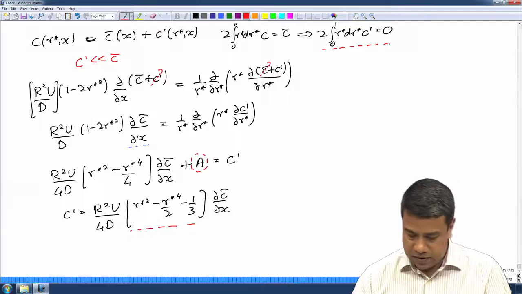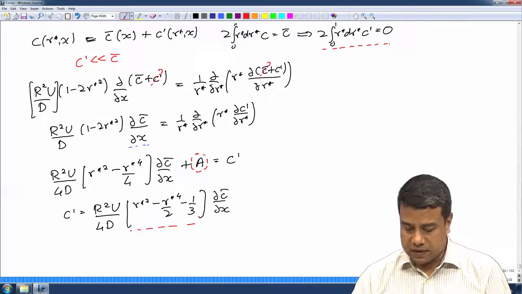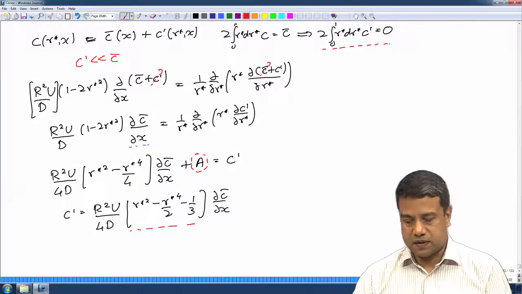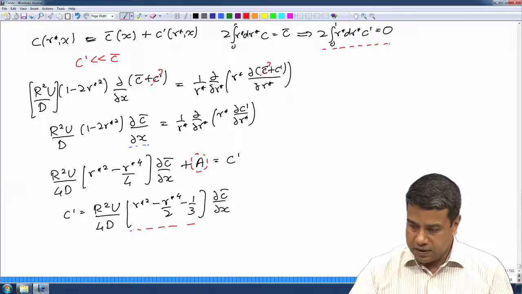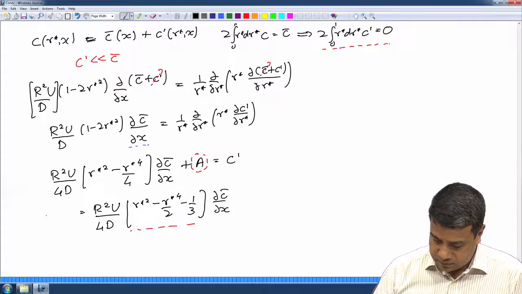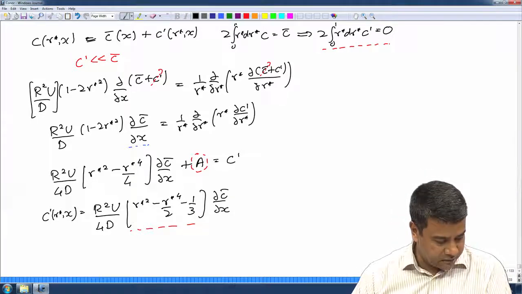So, that is the correction to the concentration field due to this radial variation of the concentration. So, this is c prime of r star, x, the correction to the concentration field.